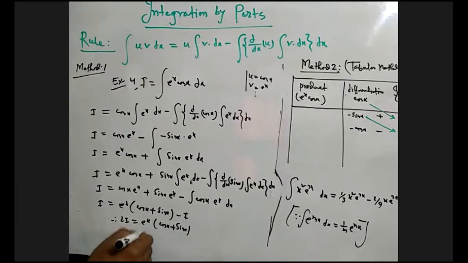That means I equals half e to the power x into cos x plus sin x. This is the result.